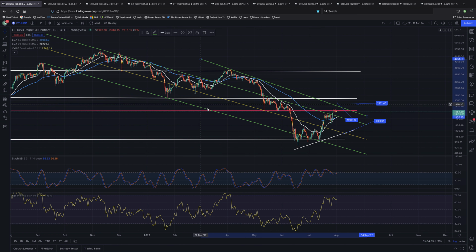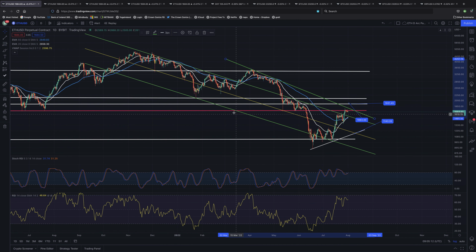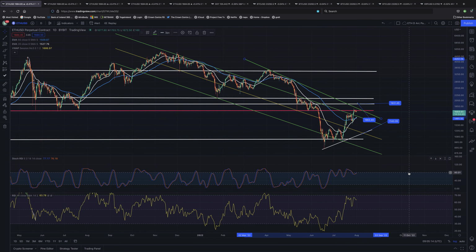So Ethereum has broken out upwards from the main channel and is now in the overflow area, and the overflow area has a target of about 1900. If we are to be a little bit more adventurous in terms of targets, maybe the 1950, maybe even the 2100. So we have a couple of levels here.